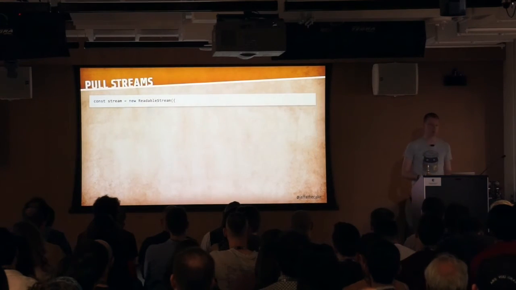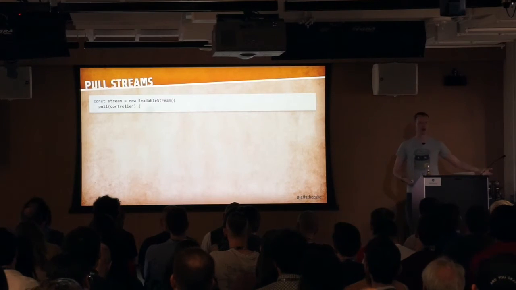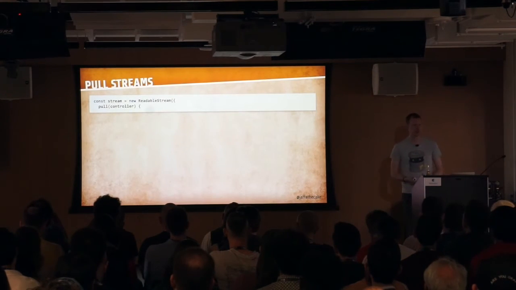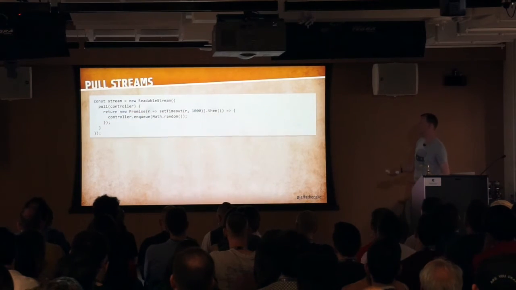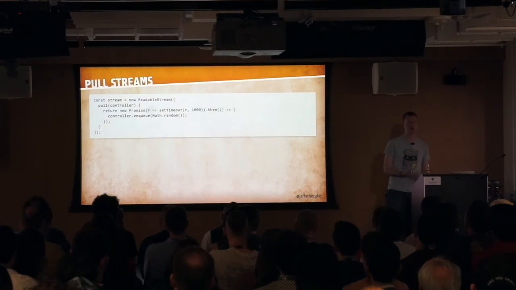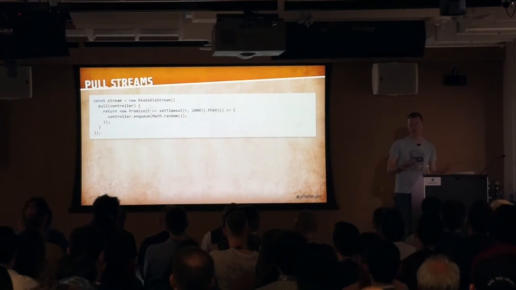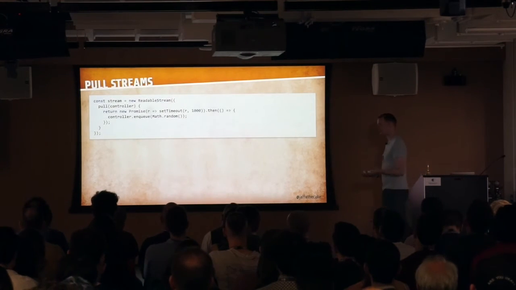The opposite of this is a pull stream. So the pull method is called when a reader is waiting on a value and there aren't any left in the buffer. So here I'm going to wait a second using a promise and then push a random number onto the stream. This is much better because we're not generating random numbers if there's nothing reading the stream. And the streams can be of anything. We saw fetch, where you get arrays.